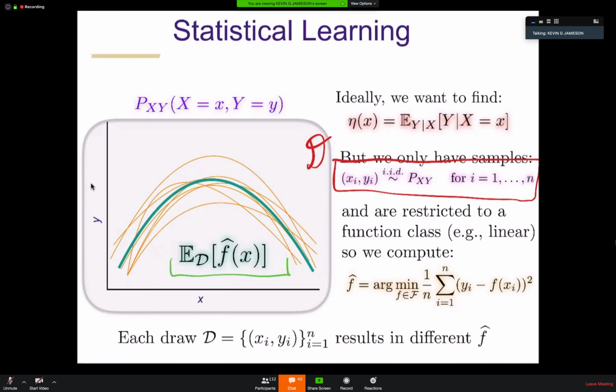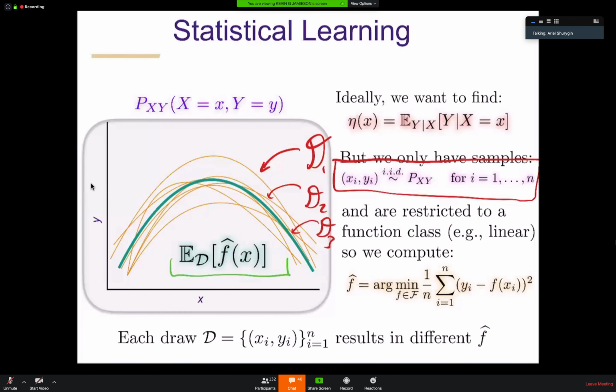This is D1, that makes that one, D2 makes that one, D3 makes that one. Each independent data set will create a different f hat because it will fit to different data.